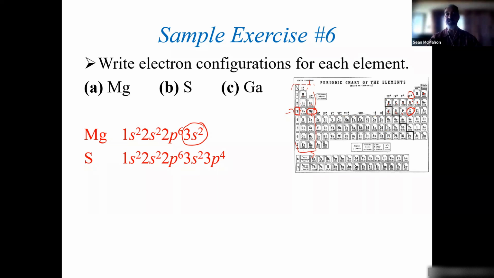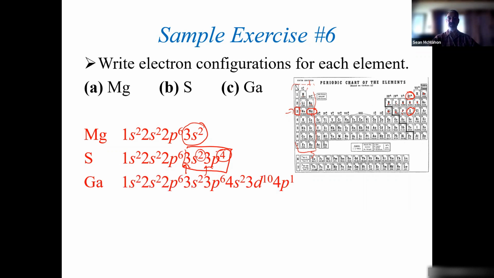That 6 means in the 3rd energy level, there's 6 electrons. How do I know 3rd energy level? That's what this number shows me. That's why it's group 6A. But the first 2 go in the S sublevel, and then the additional 4 go in the P. That's why it's a 3p4.